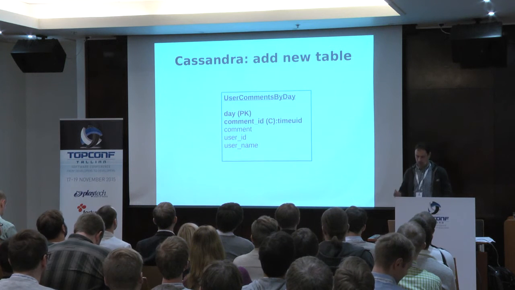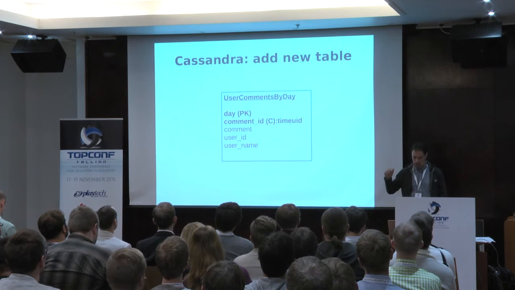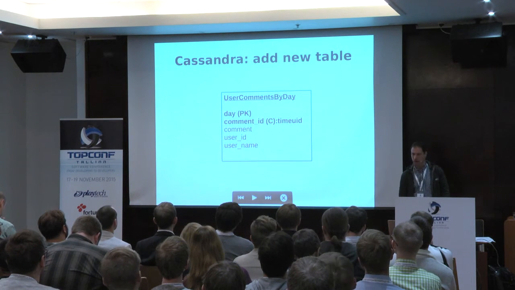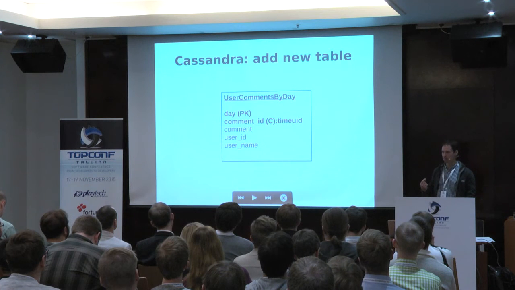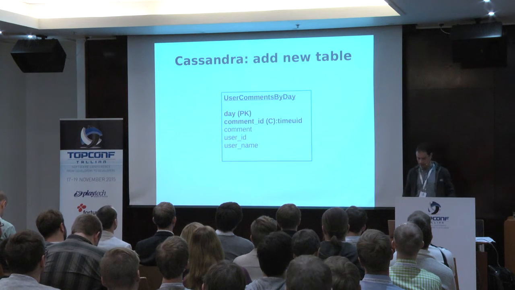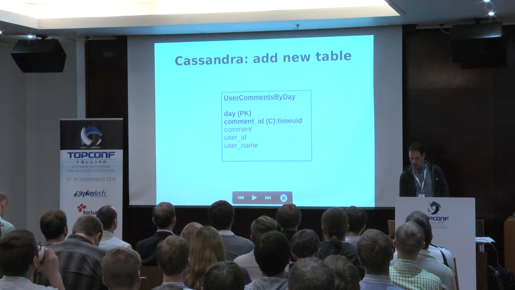It's a special table which addresses our case number 2. We create a table where we have the primary key day value. It's a kind of number of the current day. It can be a day of the year or day of the century, I don't know. But it's the primary key.